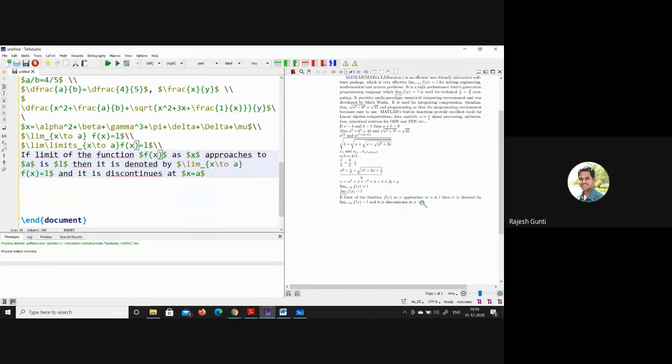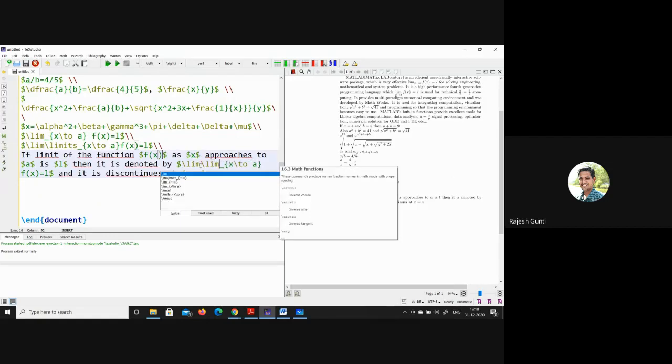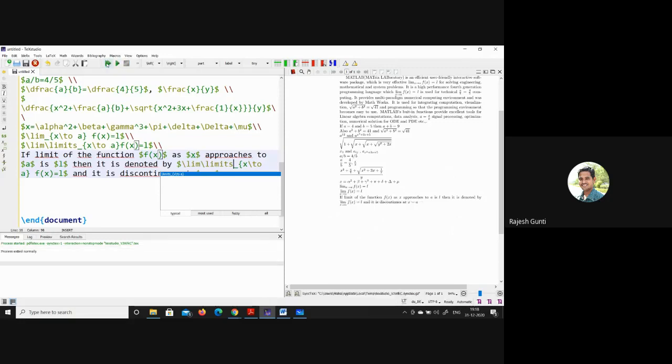Suppose you give another limit here, limit x tends to a, backslash limits, and you run this. It will come like this. And one more thing I forgot. Suppose x tends to infinity. How to get the infinity symbol?